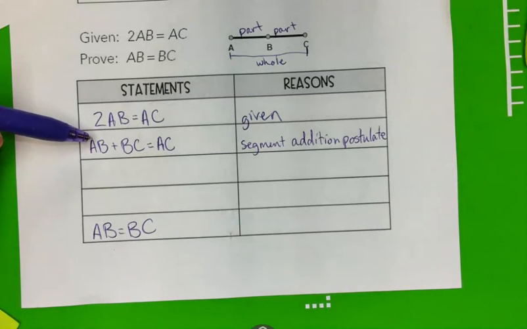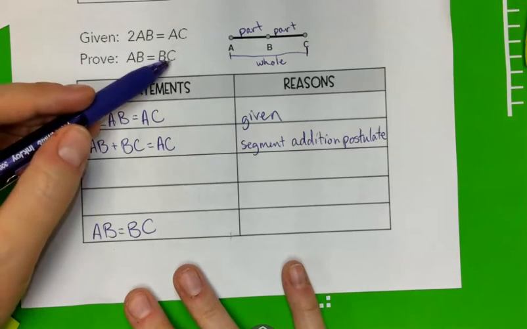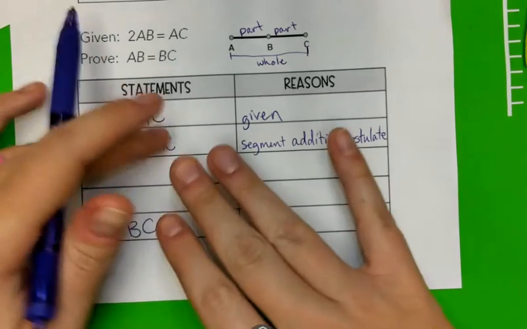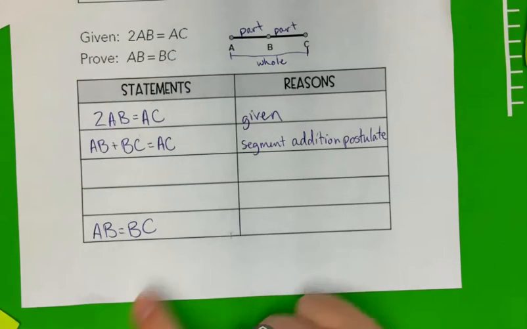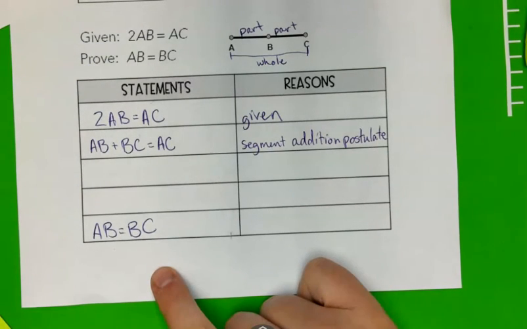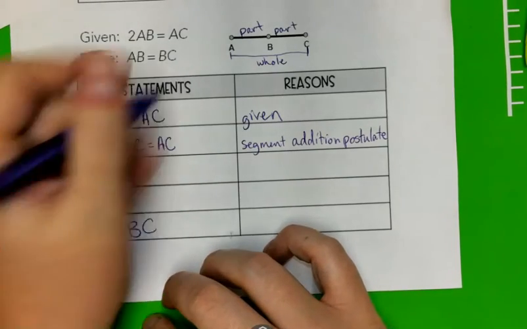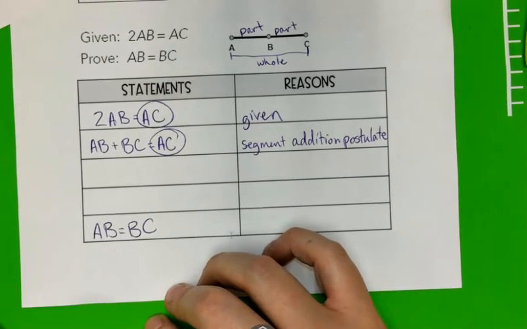Alright, and then if we're looking at this, we're like, okay, I've got to get AB and BC on the same equation, but I don't really want AC to have anything to do with it, because AC is in the given, but AC is not what we're trying to prove. But remember what we talked about last time. Two things that equal the same thing will equal each other.